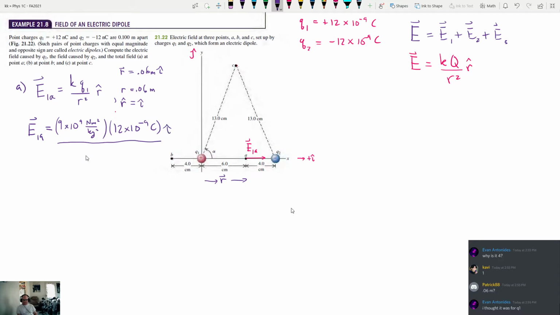So E1A is going to be equal to 108 divided by 0.0036. Actually, that would be like 12 over 4, which is 3. So it's going to be something times 10 to the 3.